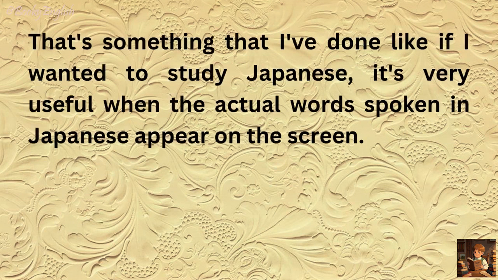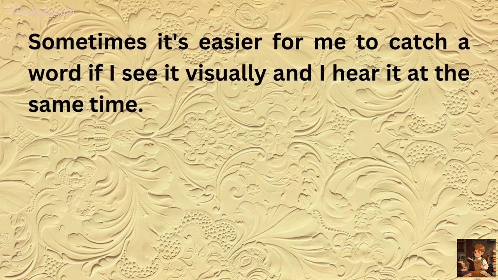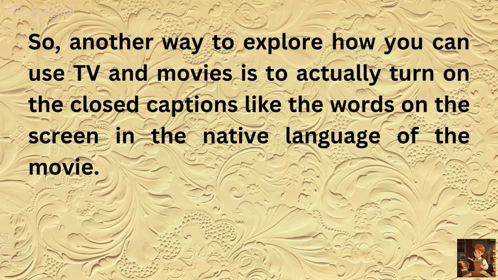That's something that I've done. If I wanted to study Japanese, it's very useful when the actual words spoken in Japanese appear on the screen. Sometimes it's easier for me to catch a word if I see it visually and I hear it at the same time. So, another way to explore how you can use TV and movies is to turn on the closed captions, like the words on the screen in the native language of the movie.